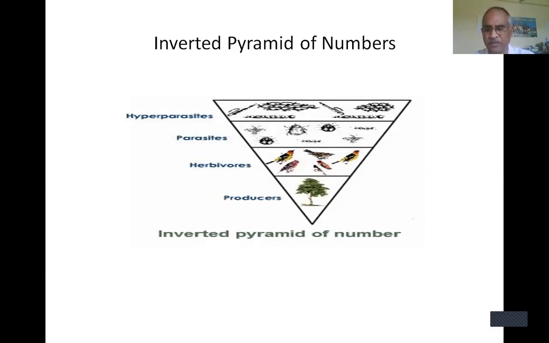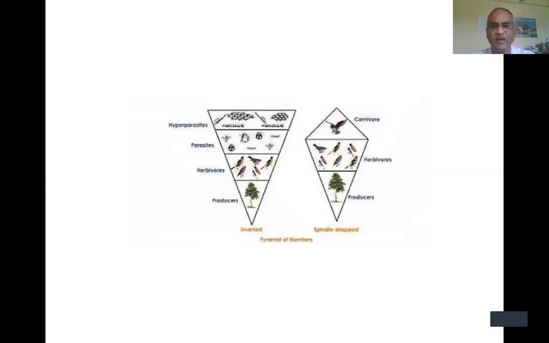So this is how inverted pyramid of numbers looks like. So we have seen upright pyramid, and also we have seen inverted pyramid. And now let us see the pyramid which is spindle shaped.